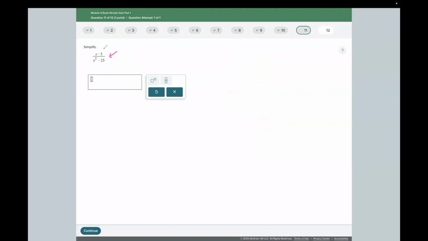So the linear term is the one like this, x minus 5. And the reason I like these is, every problem of these I've seen, x minus 5 is going to be a factor of x squared minus 25. And in fact, x squared minus 25 factors as x minus 5 times x plus 5. So this is x squared minus 25.